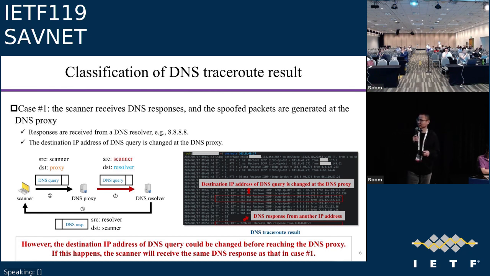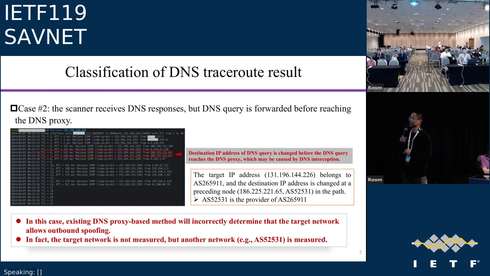However, the destination IP address of a DNS query could be changed before reaching the DNS proxy. If this happens, the scanner will receive the same DNS response as in case number 1. So this is case number 2. The scanner received a DNS response, but the DNS query is forwarded before reaching the DNS proxy. This is the case.